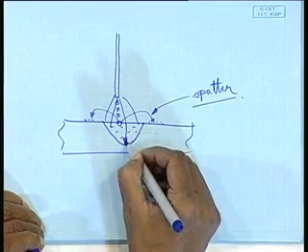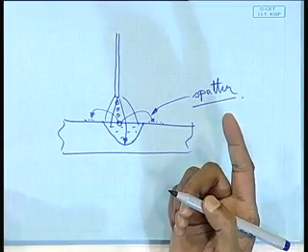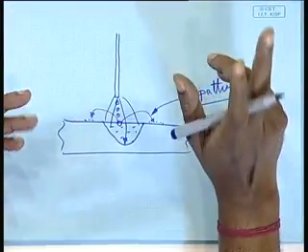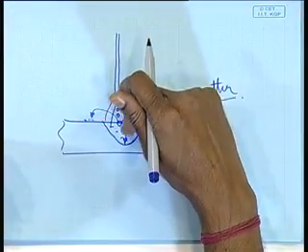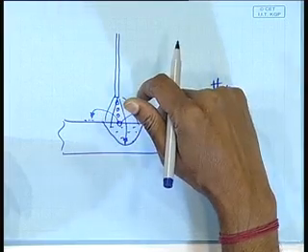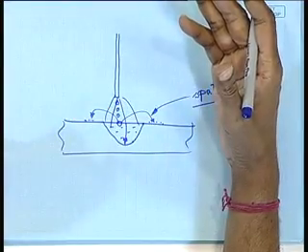To increase that, the primary driving force is the current. You increase the current, more heat is generated, because heat is directly proportional to the square of the current. More heat is generated, so more penetration will be achieved. But there are other aspects which also help in improving penetration.